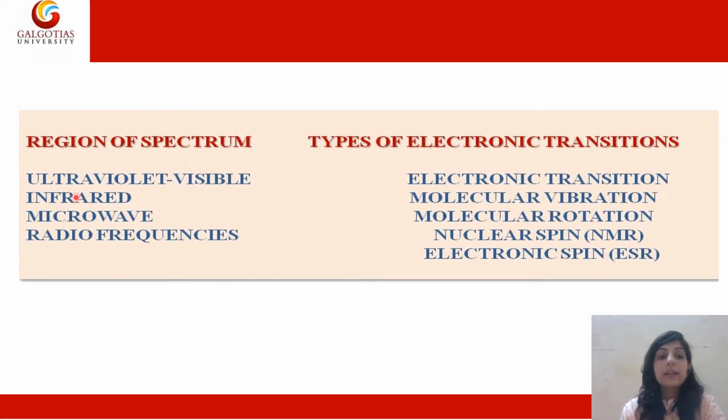So here we have mentioned the region of spectrum and the type of electronic transition. First, we have the ultraviolet visible region. As I have already discussed, this ultraviolet region is able to cause ionization in the molecules as these are highly energetic radiations, so it can cause electronic transition.